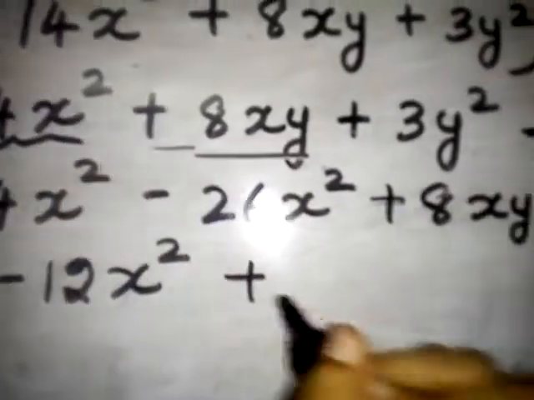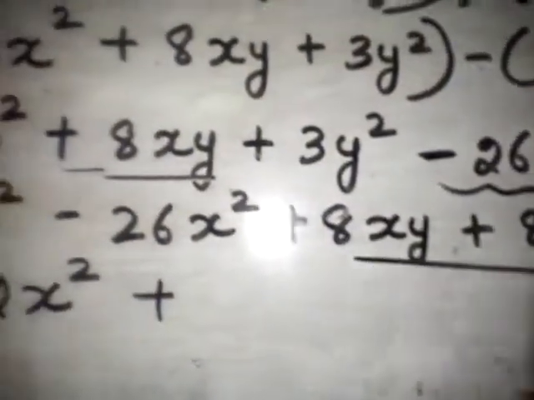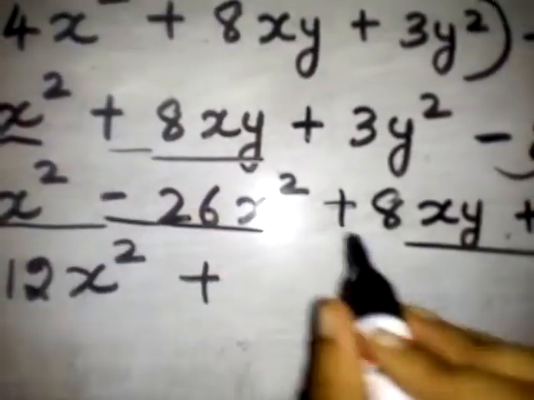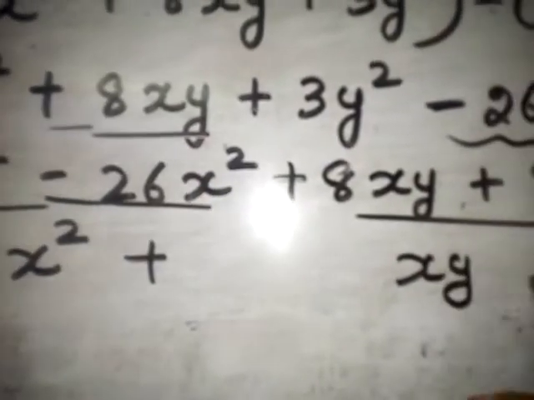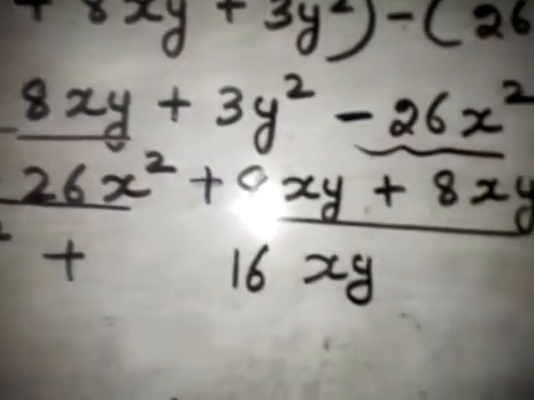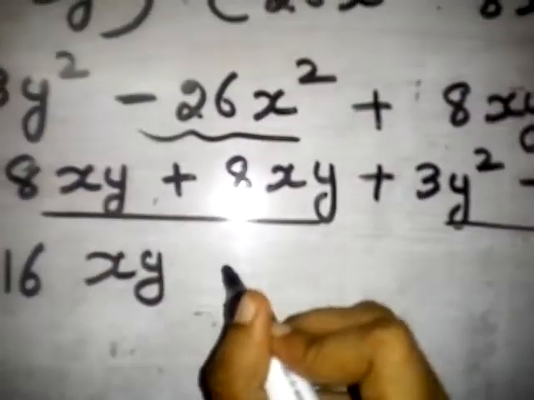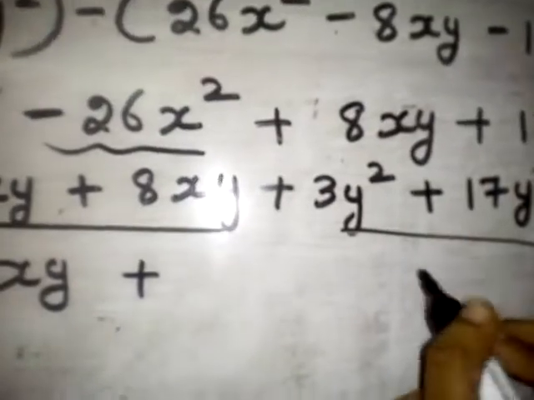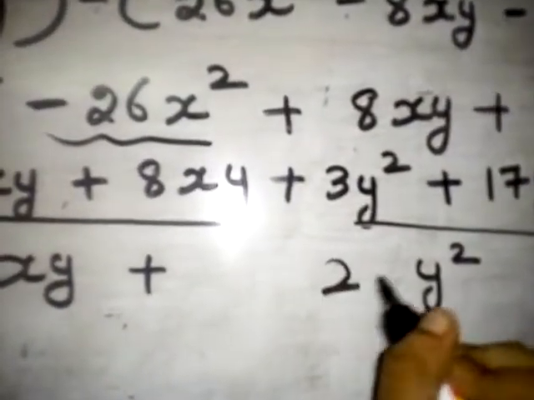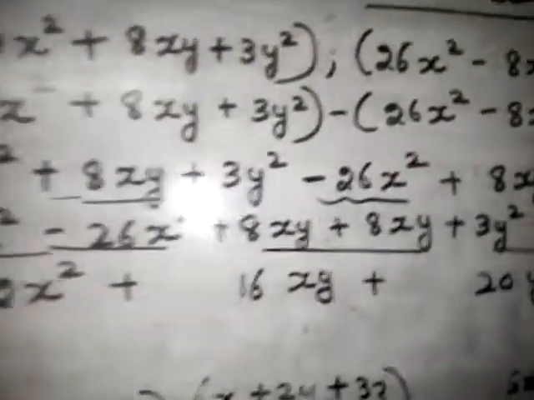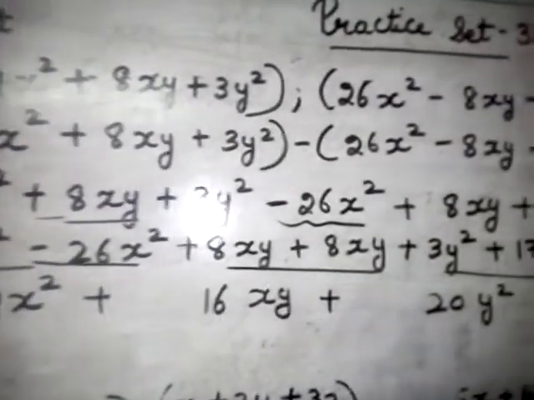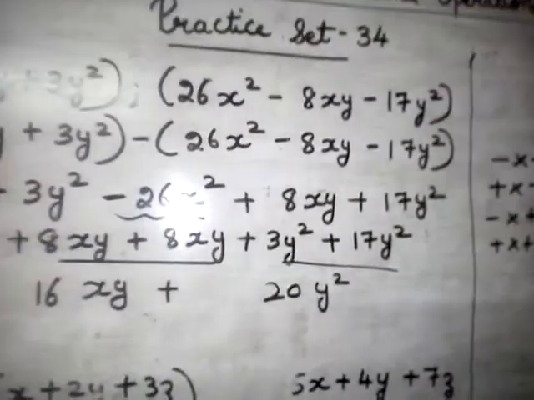Plus 8 plus 8 is 16, plus 17 plus 3, 20y square. Like this: minus 12x square plus 16xy plus 20y square.